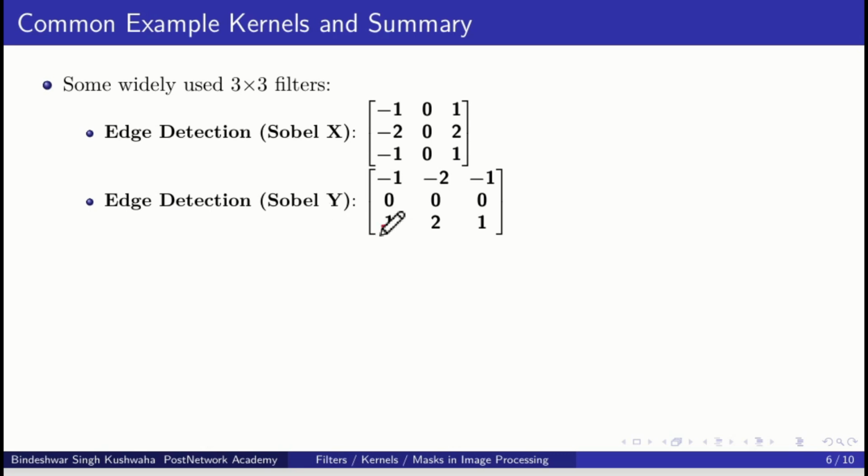If intensity is changing horizontally, that would be a horizontal edge. Now vertical: if intensity is changing, that is a vertical edge. It is going from 1 to -1 or 2 to -2. So intensity is being changed, which means there is an edge.